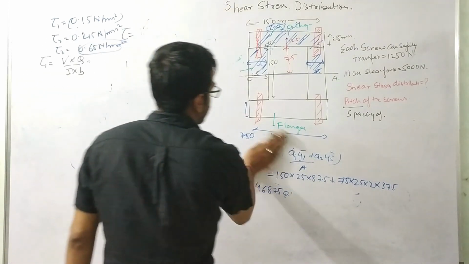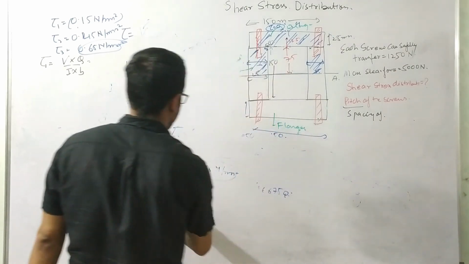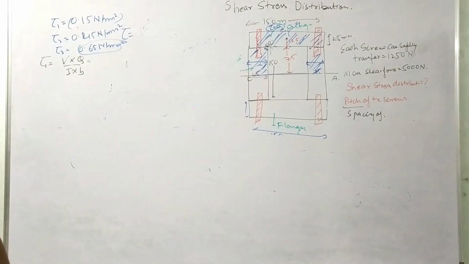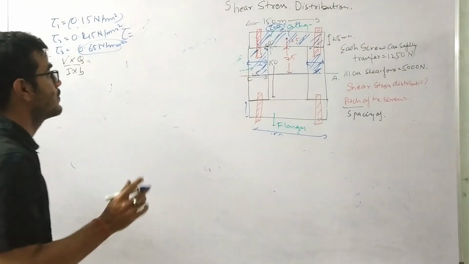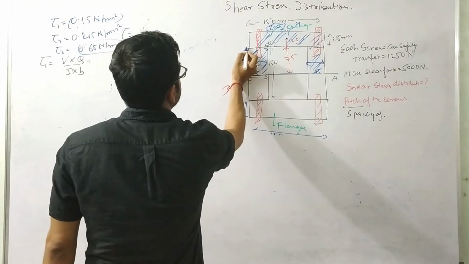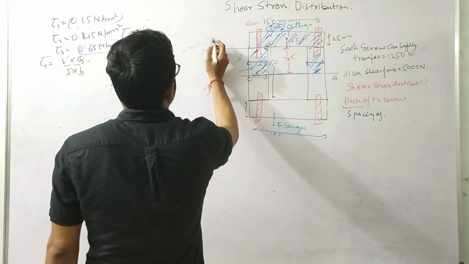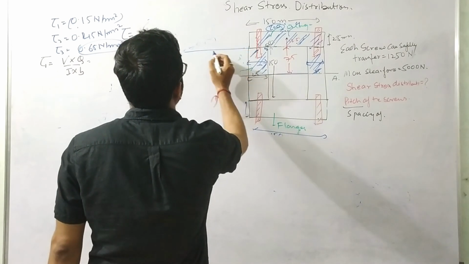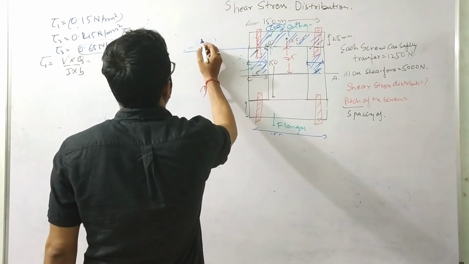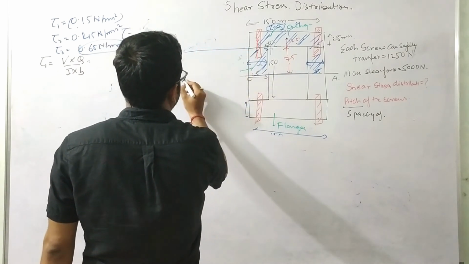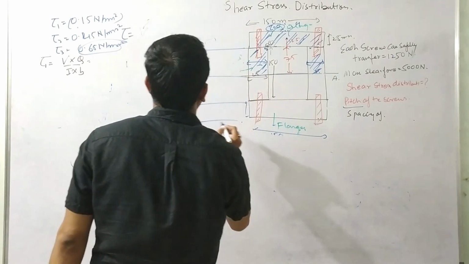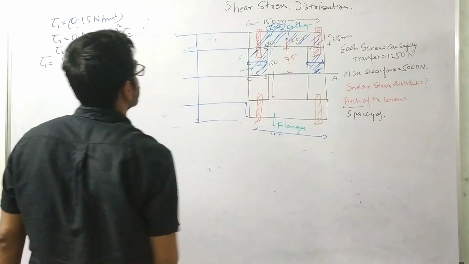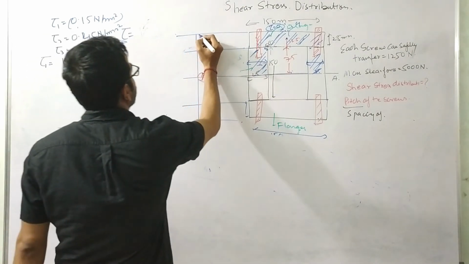Now we'll see what this shear stress will look like. We have calculated the values, but we need to see what the distribution looks like, because that is important. So if I draw this figure over here, this is the neutral axis. At the outer boundary, my tau will be 0.